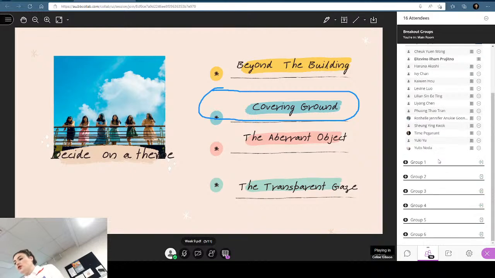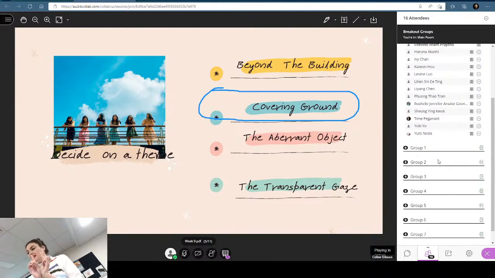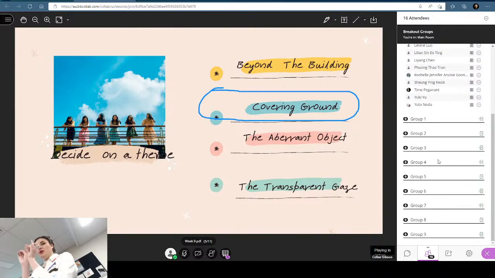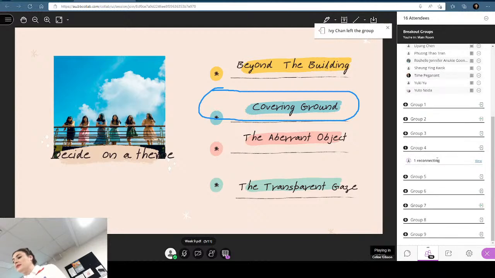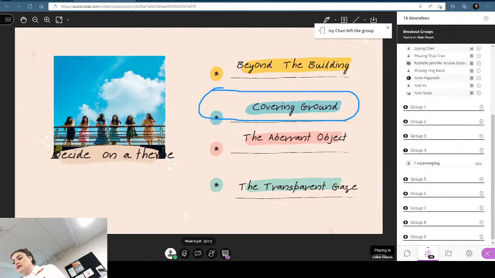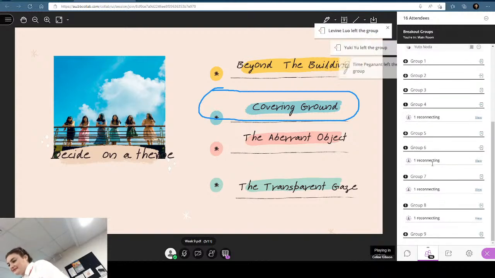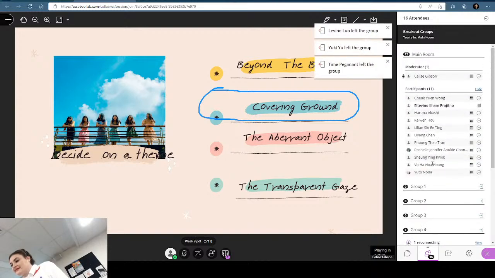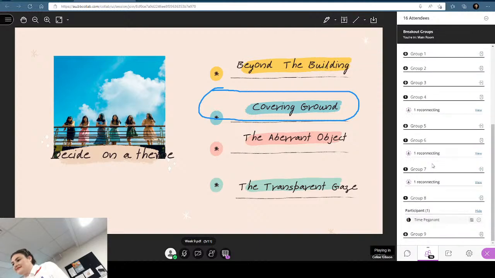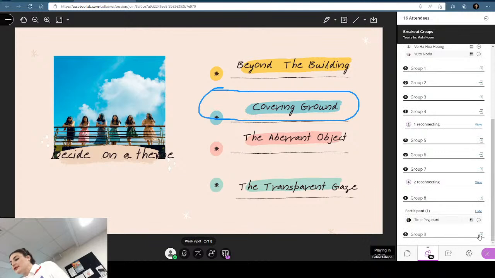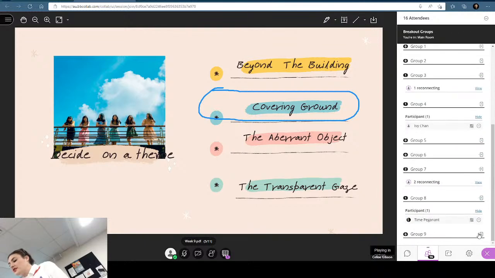If you click where the two people are and it says how many participants there are, you should be able to see a little door with an arrow where you can click into a group. If you don't know how to self-allocate to a group, send me a PM and I will add you to the group that you want to be in. If you have an idea of who you want to be with, but you don't know how to do it, let me know and I will add you.